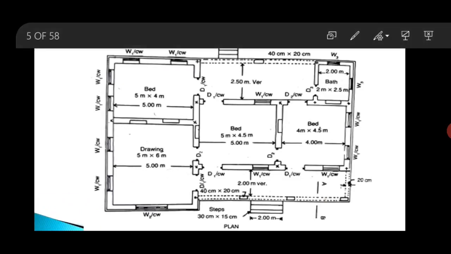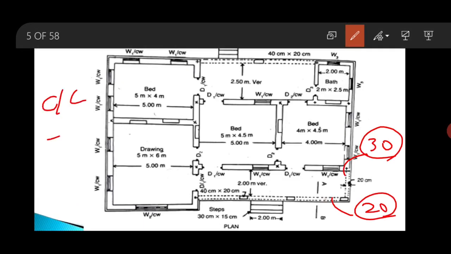This short wall is connected on one side to a 30 centimeter wall and on the other side to a 20 centimeter wall. So from the center to center length of the short wall, we will subtract half of the width of the superstructure for the 30 centimeter wall and subtract half of the width of the superstructure for the 20 centimeter wall. Clear?